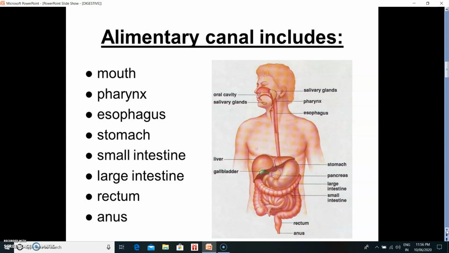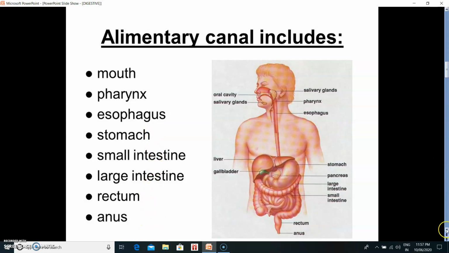Then we'll talk about what the alimentary canal is. In the figure you can see that the alimentary canal is a long muscular tube that runs from the mouth to the anus. Now, what does it consist of? It consists of the mouth, pharynx, esophagus, or you can call it oesophagus also, stomach, small intestine, large intestine, rectum, and anus.